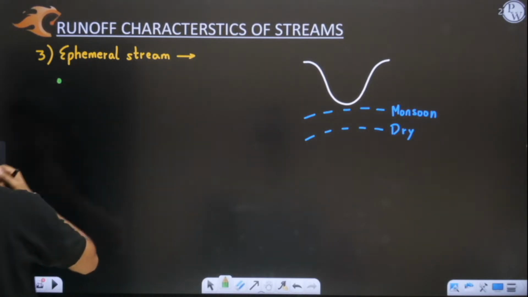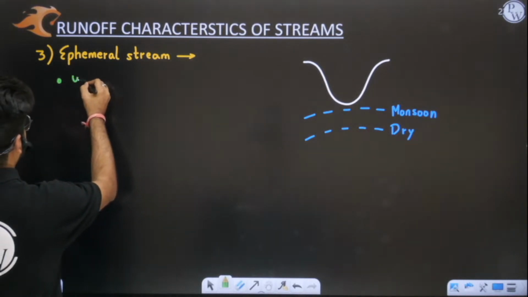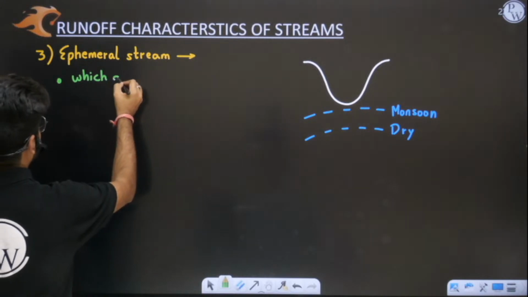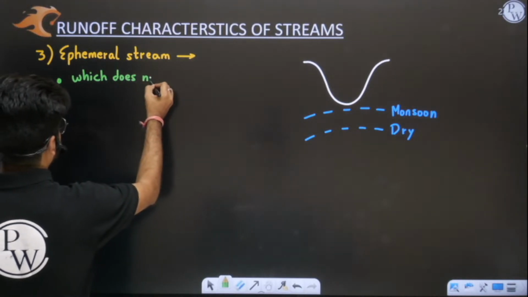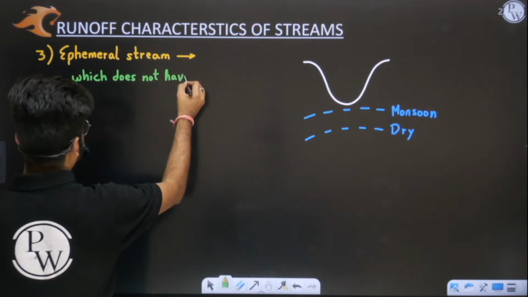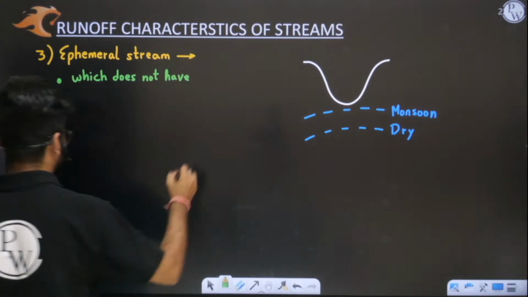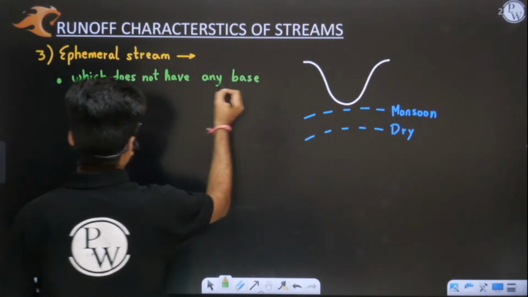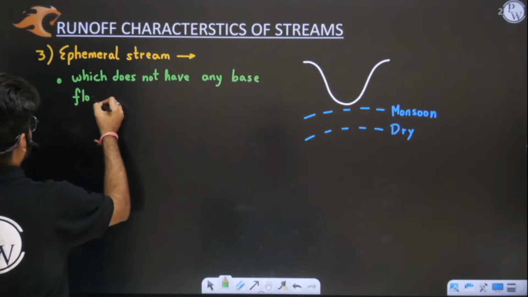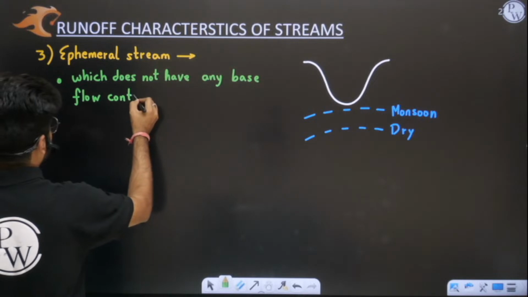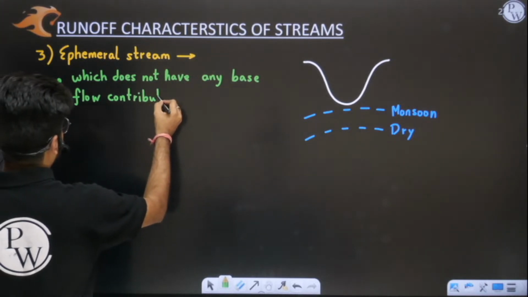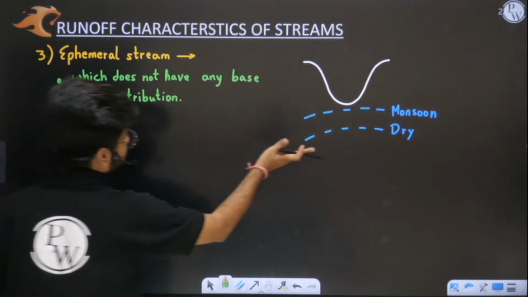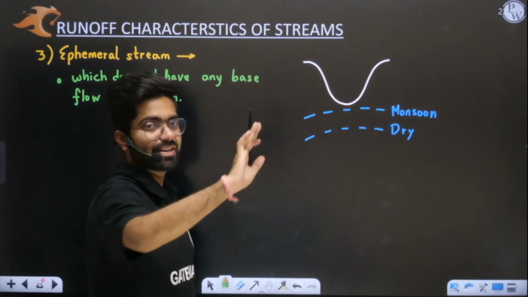Ephemeral stream is which does not have any base flow contribution. Groundwater contribution in this ephemeral stream is zero.